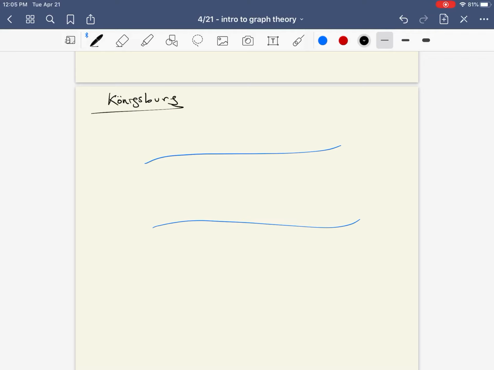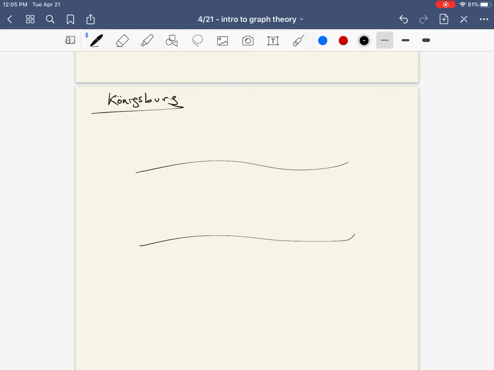In the river we're going to have 2 land masses, islands.